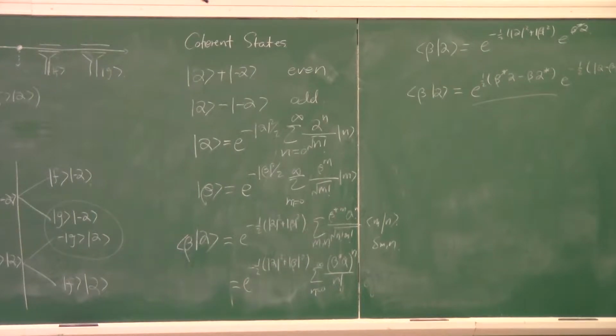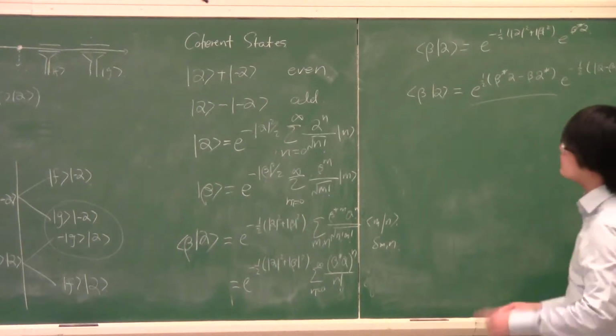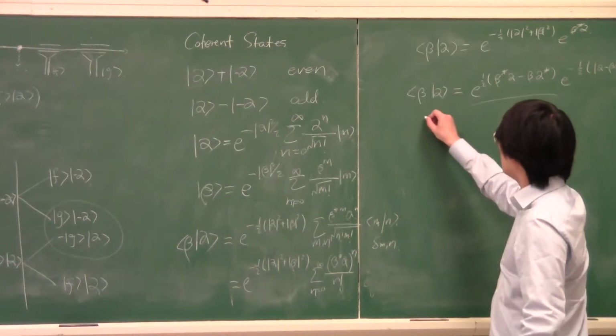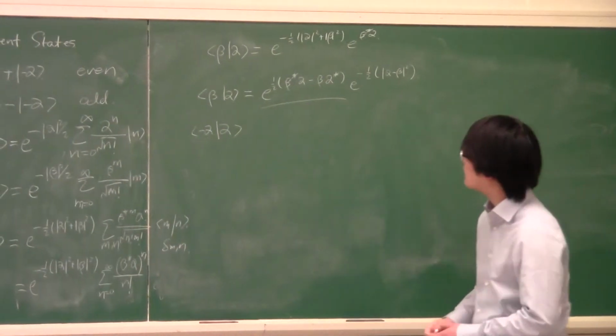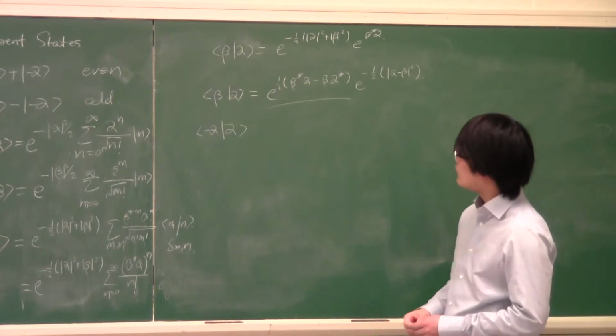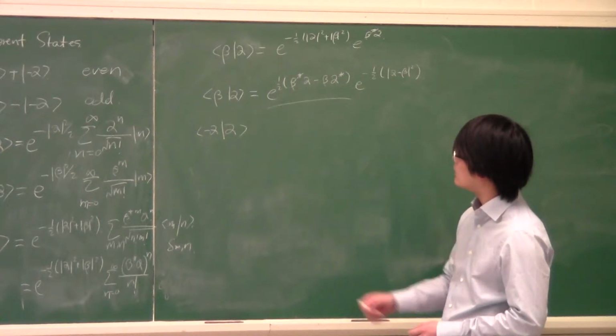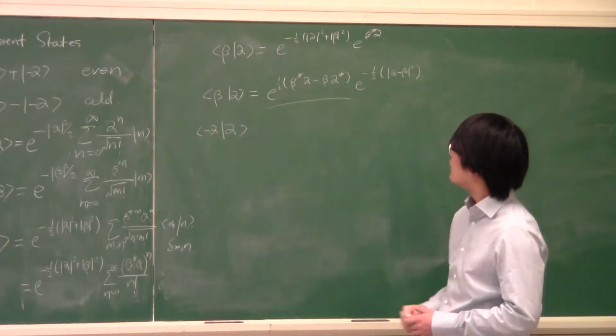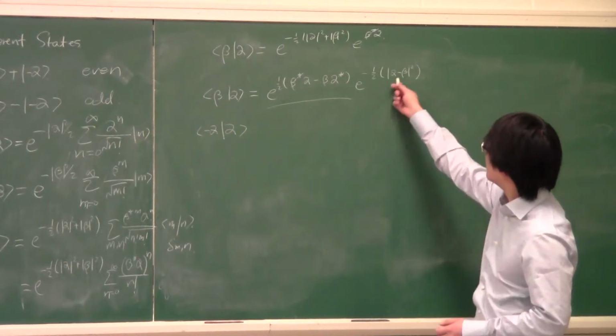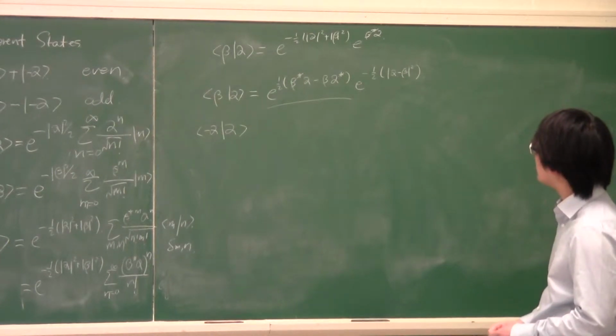Now for the special case that we're interested in, this alpha, minus alpha type of thing. Suppose that alpha is real for now, then we get rid of this phase factor, and over here we just have something like e to the minus alpha.